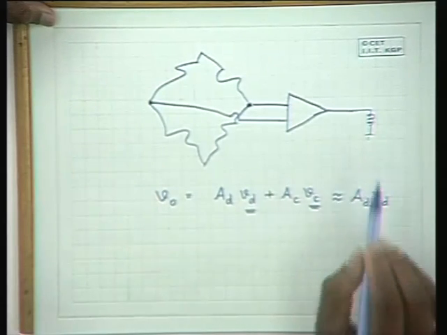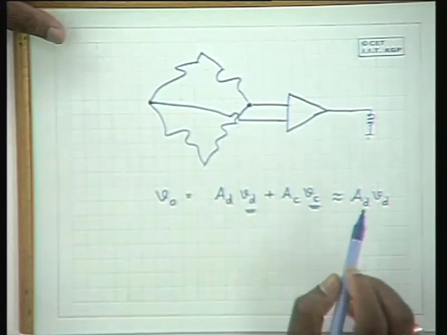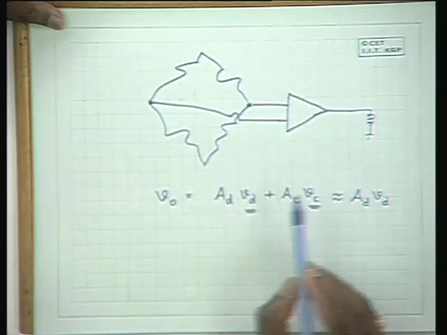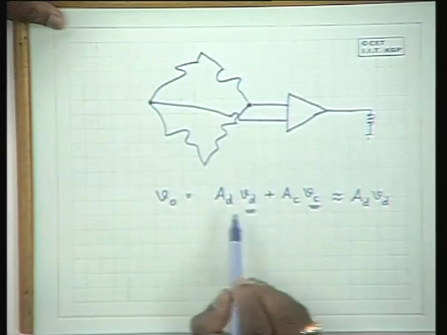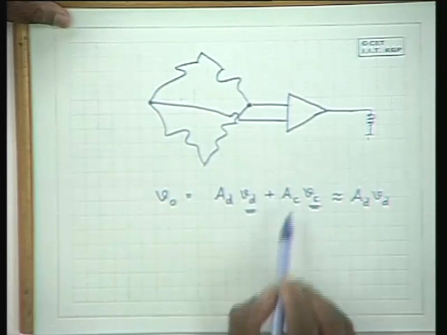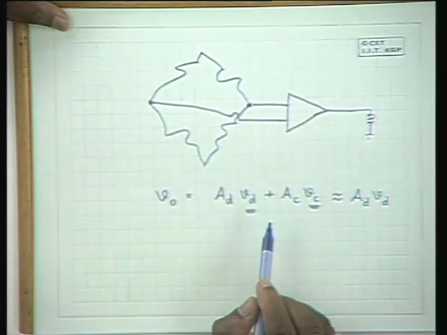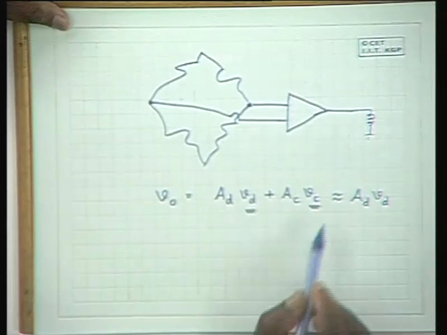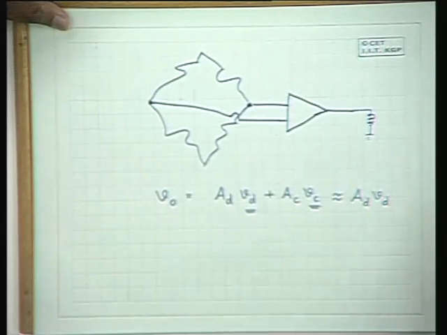Therefore, the output is proportional to the differential mode signal itself. And please note that the AD to AC ratio in practice is of the order of a few tens of thousands. Hence, the common mode component of the output is negligibly small.